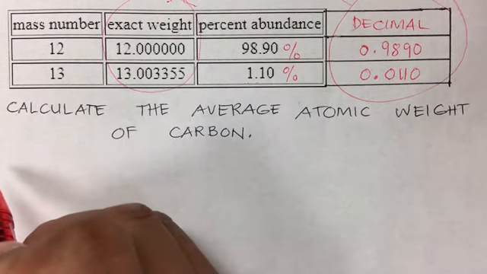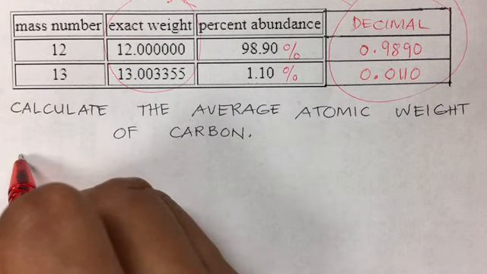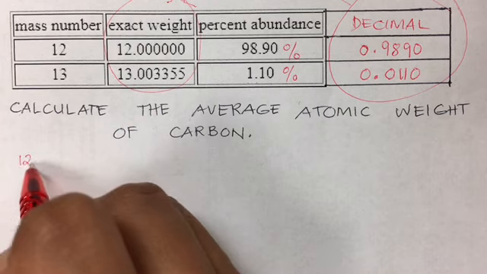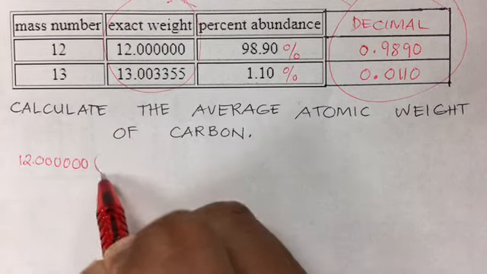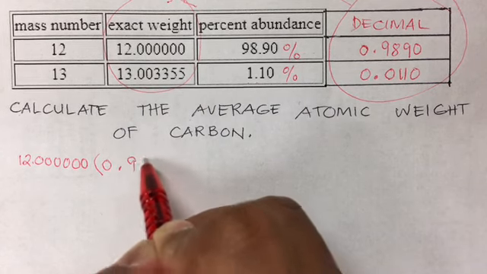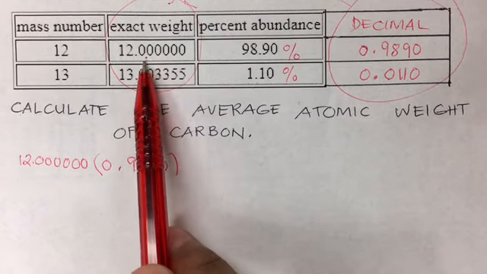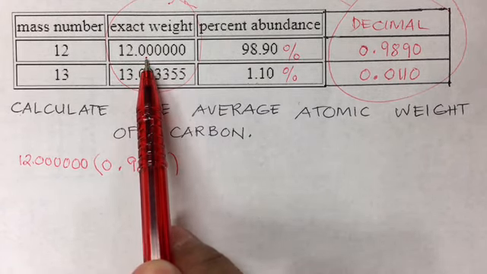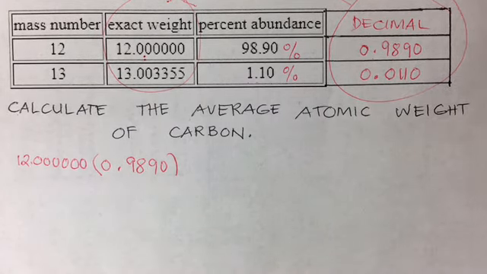The first thing is we put the mass of carbon 12, so that's the exact weight 12.00000 times your decimal percent abundance, which is 0.9890. So this is the exact weight of carbon 12 times the decimal.